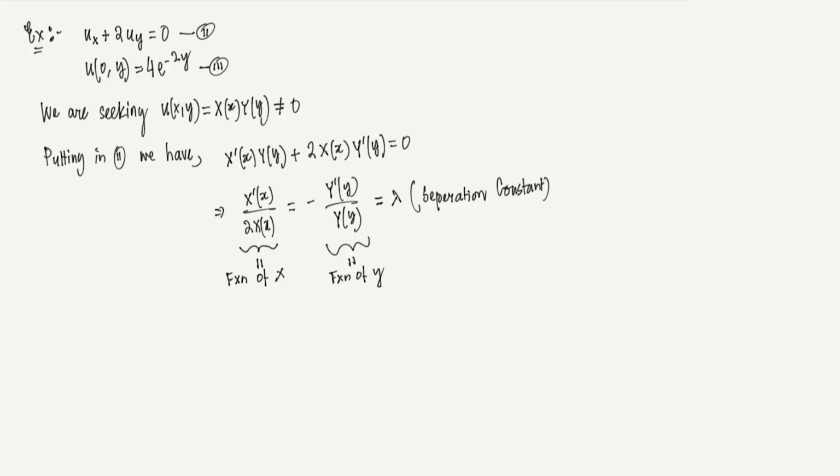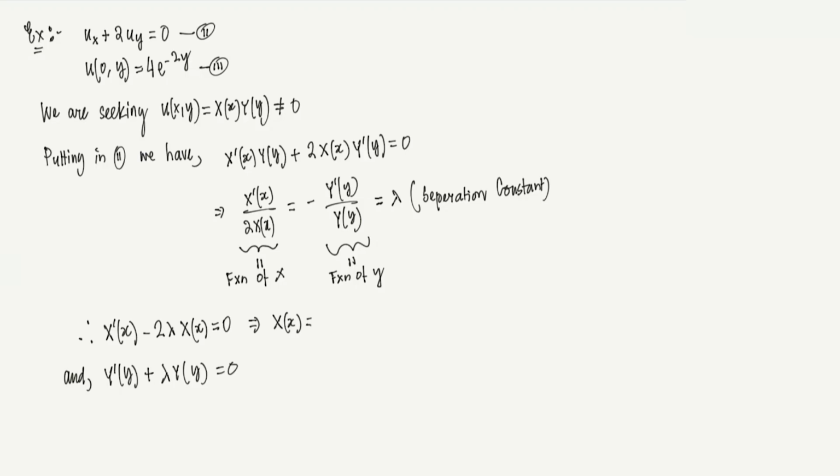So therefore what do you have? You have X prime of x minus 2 lambda X of x equals 0, and Y prime of y plus lambda Y of y equals 0. Now, of course, you can solve these.